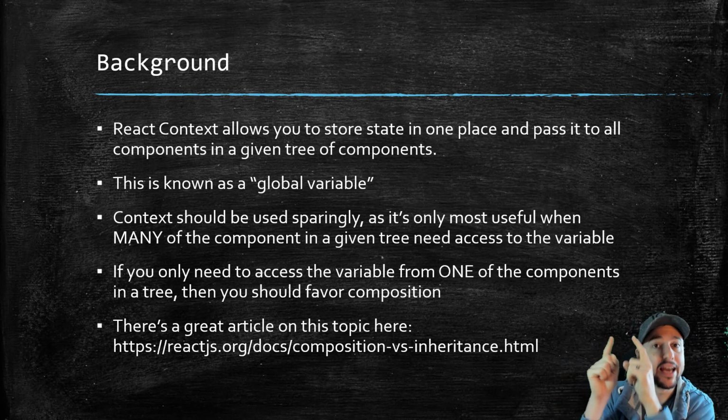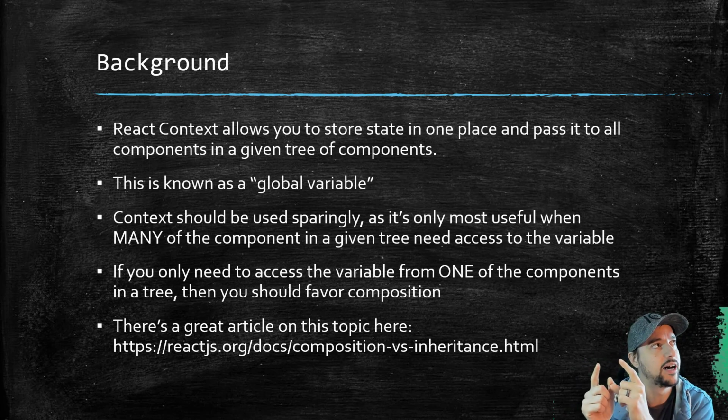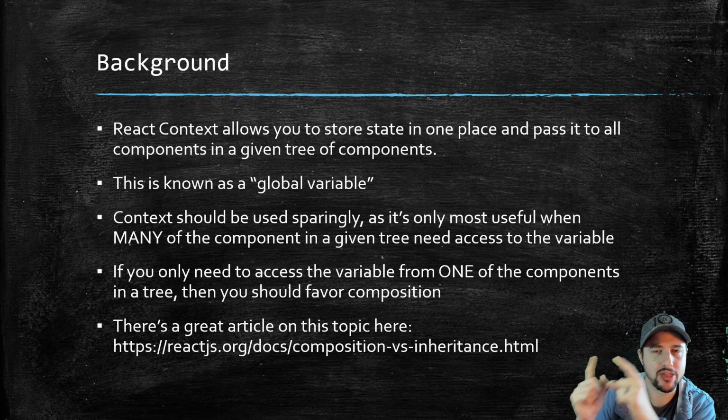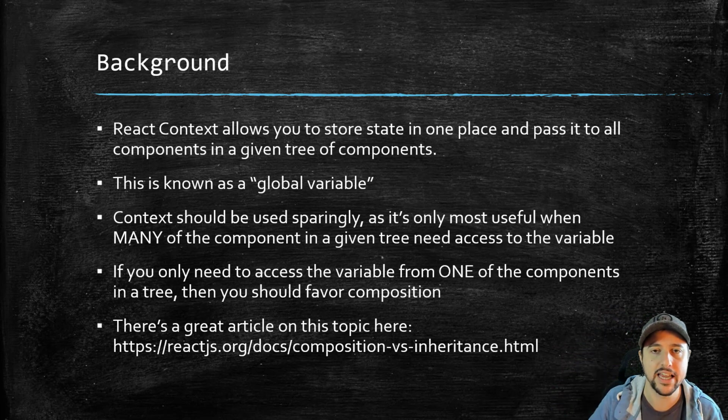That's where you need to get access to something like a theme, like a dark theme versus a light theme, and that's the only component that needs access to that, and everything else doesn't need it, and you're passing it from the parent down. That's where you should favor composition.